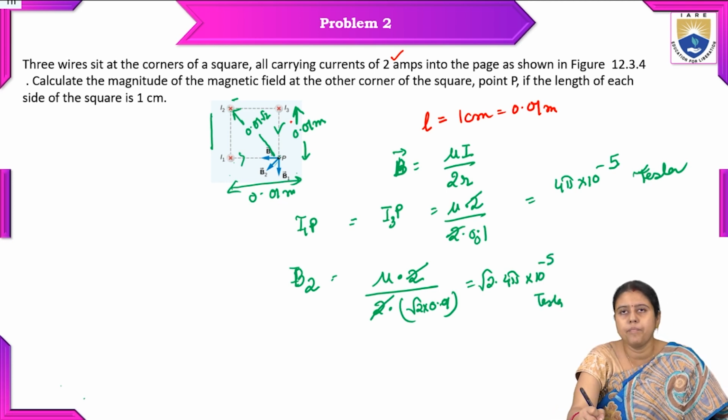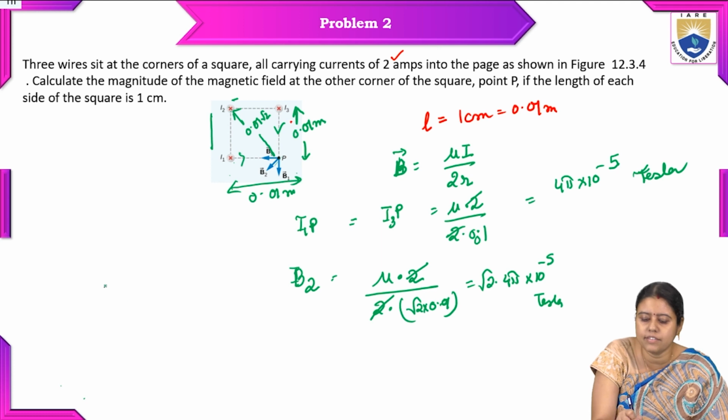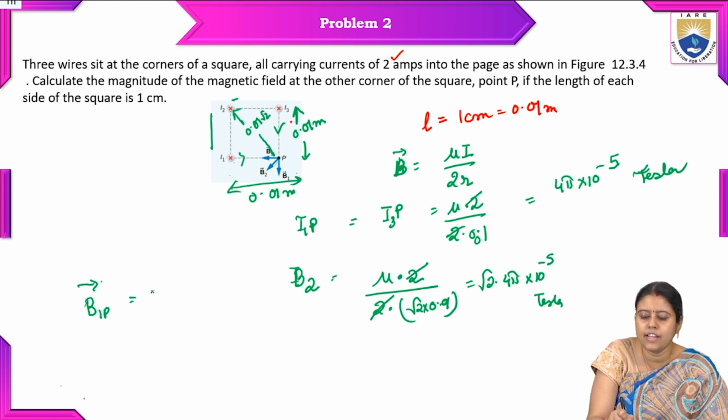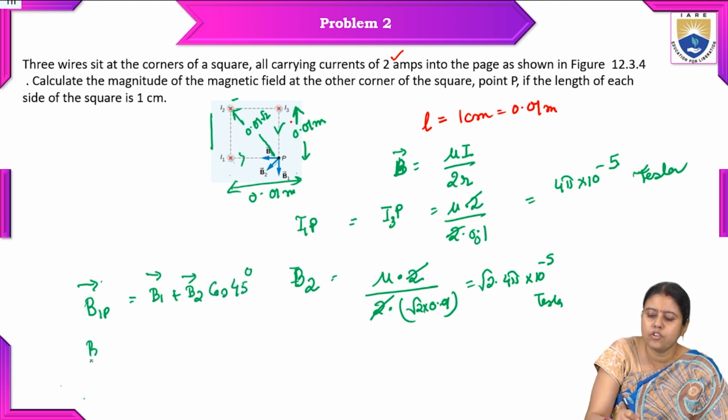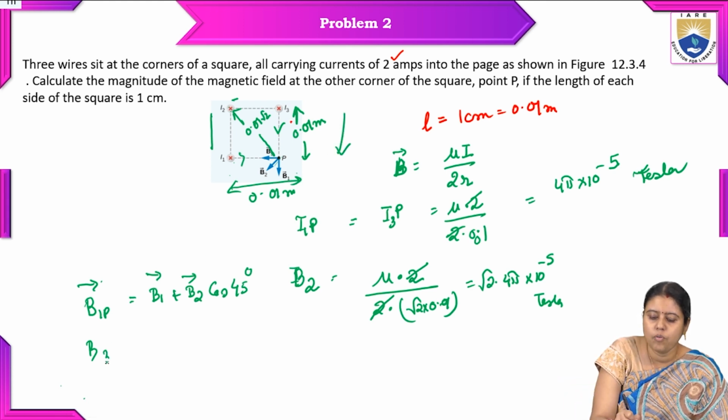Now you can see that B1 also makes a 90-degree angle with this. So what is the flux? Along the x-axis or along the B1P line, the flux is B1 plus B2 cos 45 degree. B3P means this direction. What is the total flux density?